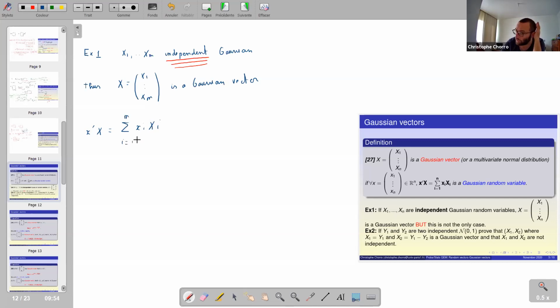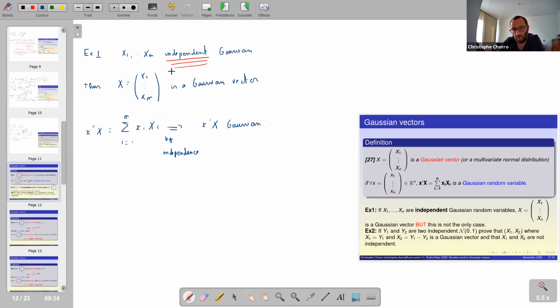And we have seen together that when I have independent Gaussian random variables, by independence, a linear combination is Gaussian. If I don't have independence, I can't conclude. But here in my statement, I have independence. So if you build a vector made of independent Gaussian random variables, you will obtain a Gaussian vector.